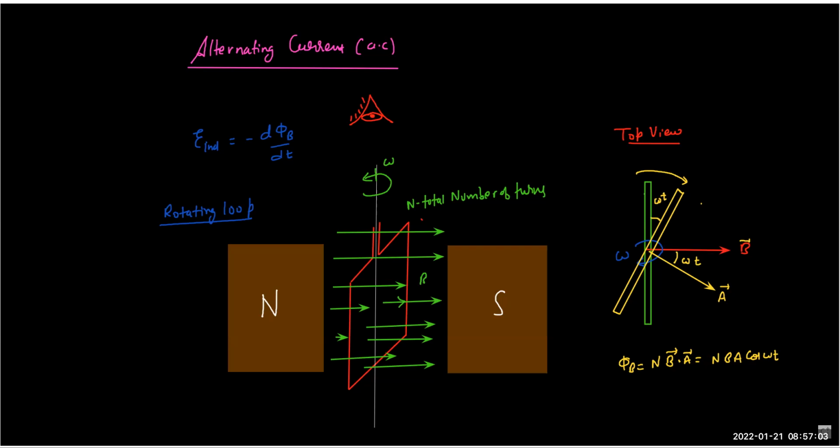So we can see clearly that as the loop turns, the flux will also change with time. And therefore, in accordance with Faraday's law, we must expect some EMF to be developed.